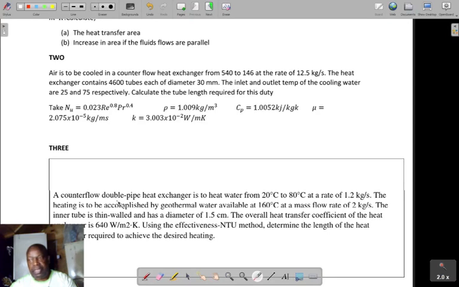The overall heat transfer coefficient of the heat exchanger is 640 watt per meter squared Kelvin. Using the effectiveness NTU method, determine the length of the heat exchanger required to achieve the desired heating.